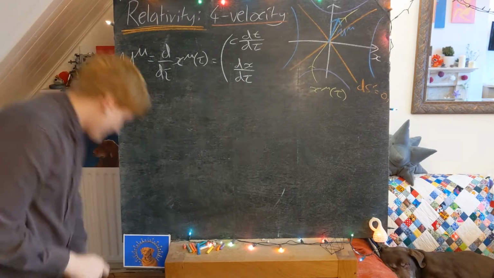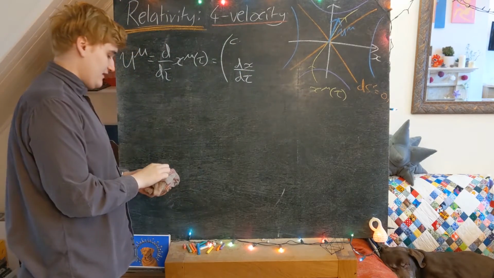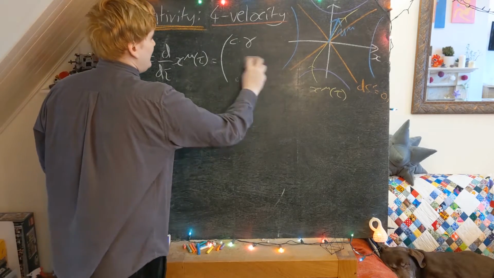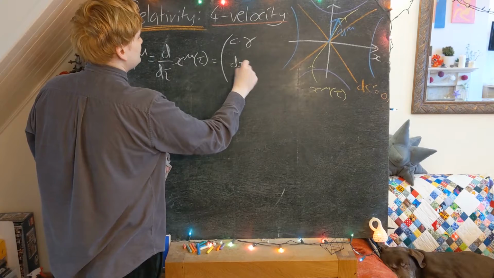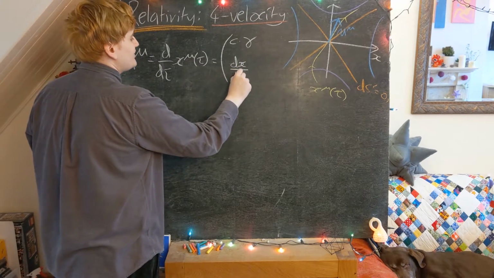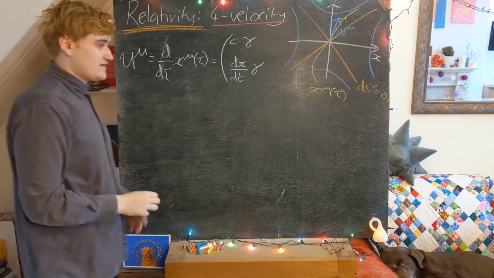We saw this dt by d tau defined as being this thing called the Lorentz factor. And then we can rewrite the dx by d tau as dx by dt times dt by d tau, which is just the Lorentz factor.